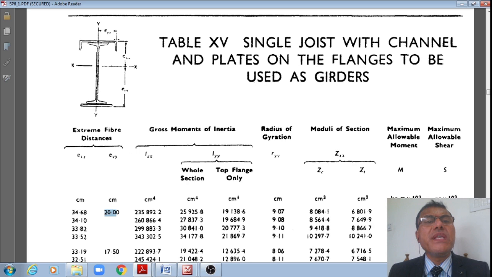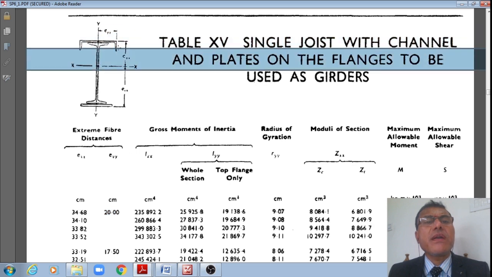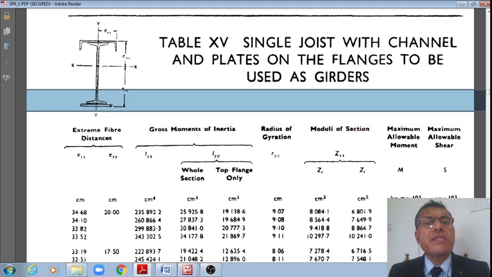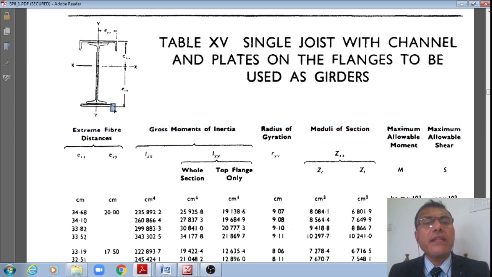Whereas out of this fiber, for the channel compared to that of this plate, this plate is at an extreme distance of 346.8. This end of this plate is at an extreme fiber distance of 346.8 compared to that of this channel. This is a smaller distance.